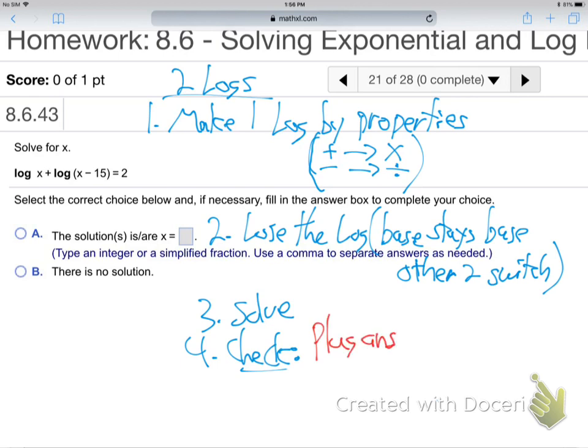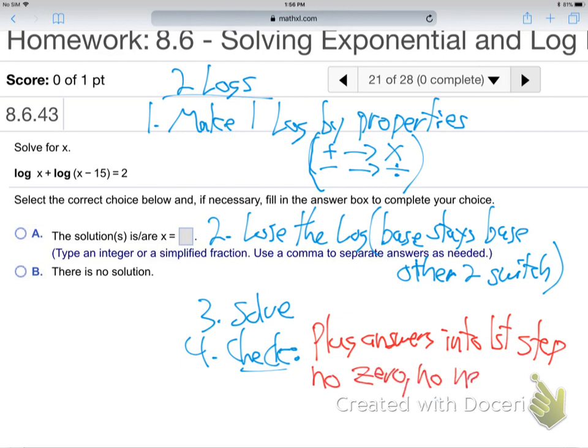Plug answers into the first step. No zero, no negative inside any log. So there's the steps. You want to get those down? Maybe I'll write them on the sideboard too.